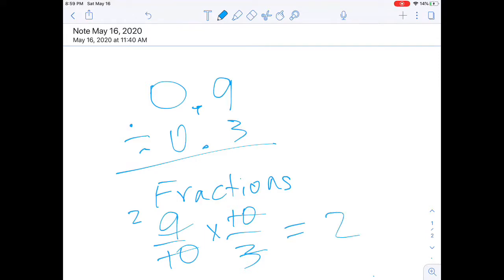But because it has a decimal point in it, your answer would be 2. Now, if you are doing the normal division way, you would be doing it this way.